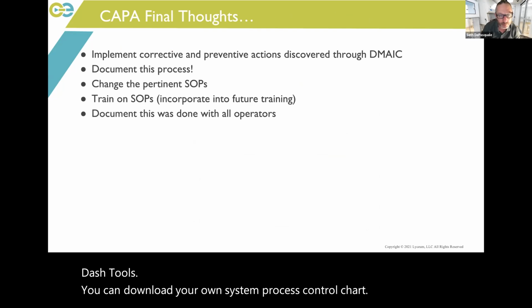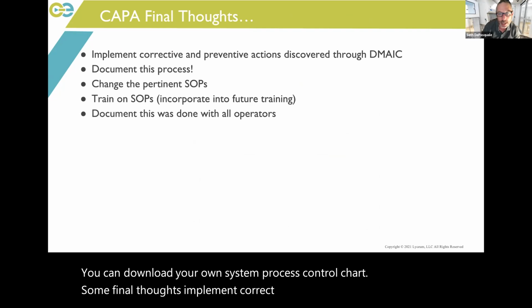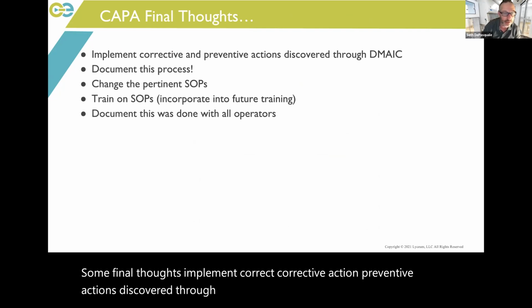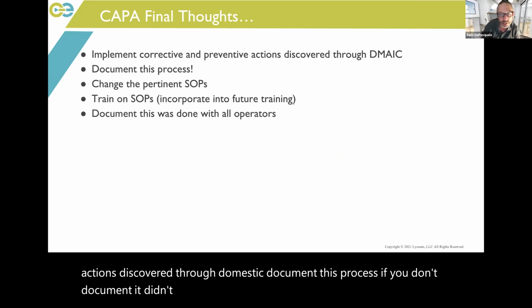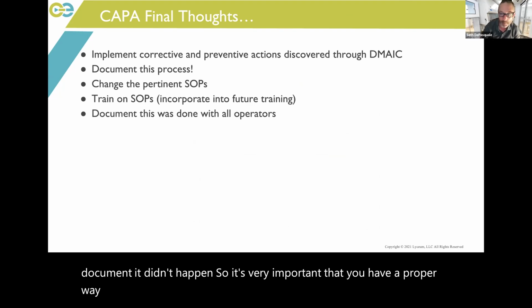Some final thoughts: implement corrective actions and preventative actions discovered through DMAIC. Document this process. If you don't document, it didn't happen. So it's very important that you have a proper way, either electronically or by paper form, of documenting the CAPA process.